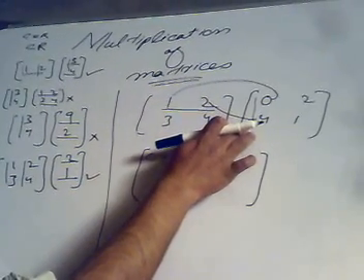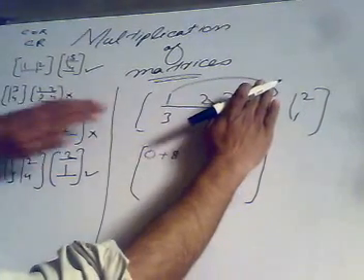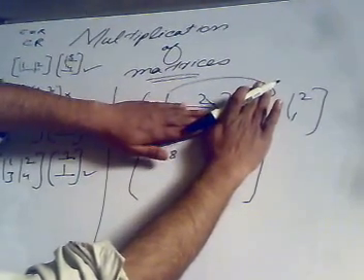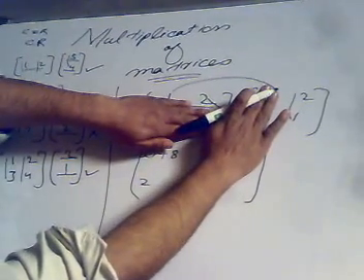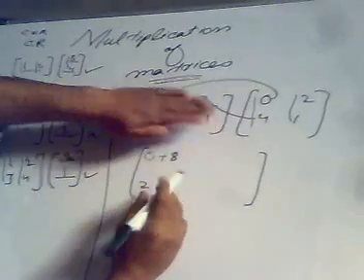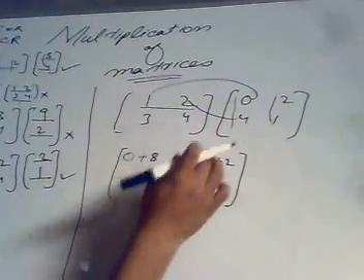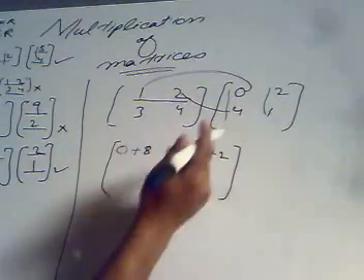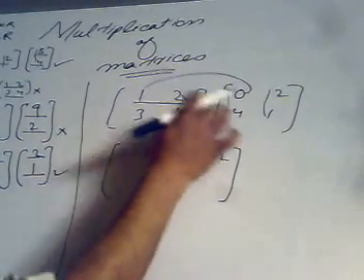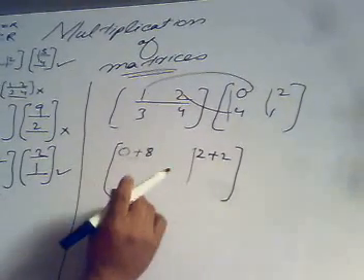Now we will do the same with the first row and second column, and we will hide these values. It will be 1 2s are 2, plus, and then 2 1s are 2, so it will be written over here, in the first row and second column.